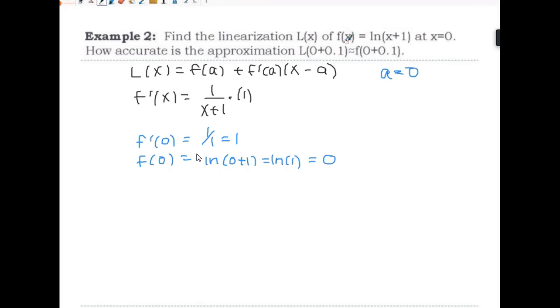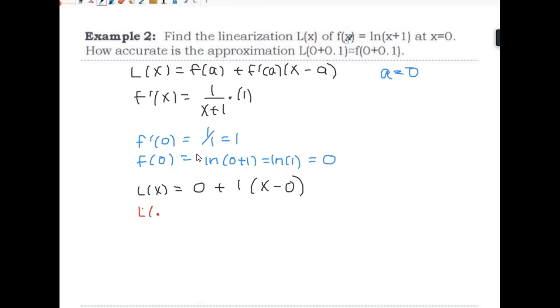Therefore, my L of x equation is f of a, which is 0, plus f prime of a, which is 1, times x minus a, which is 0. We're asked to approximate f of 0.1.